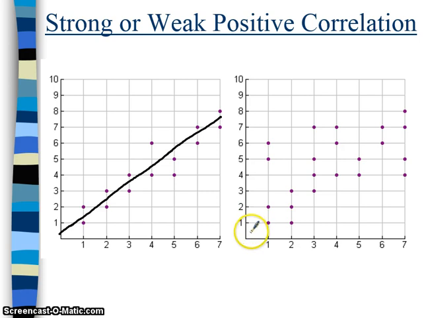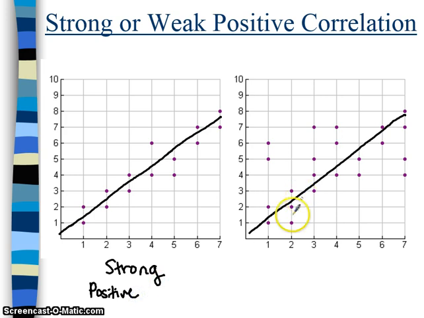Whereas here, if you draw a line through the center of the dots, they do tend to go upward, but they're much more spread out from that line of regression. So this would be called a strong positive correlation. This would be called a weak positive correlation. This would represent a strong tie between the two variables, whereas this would say they are linked, but not perfectly.